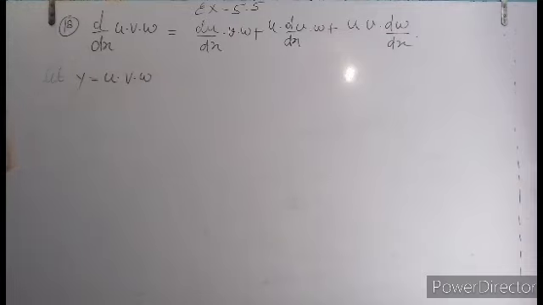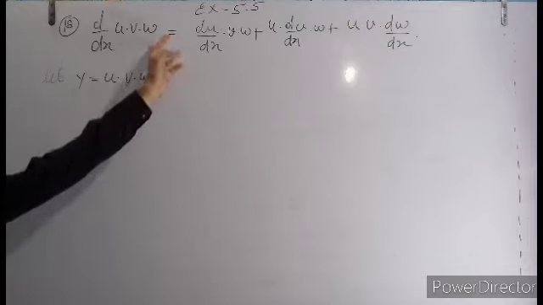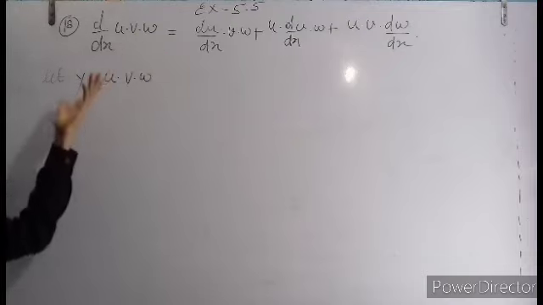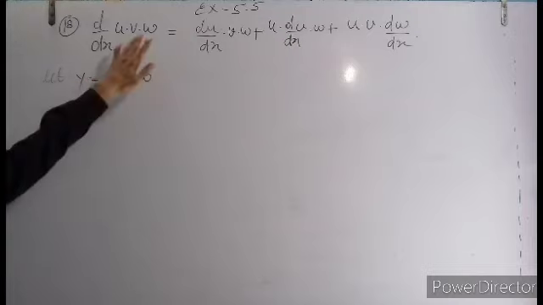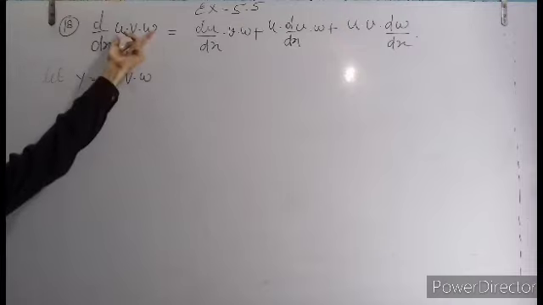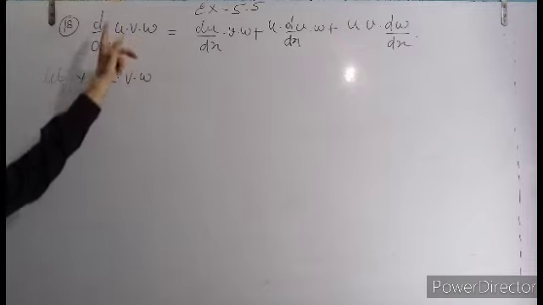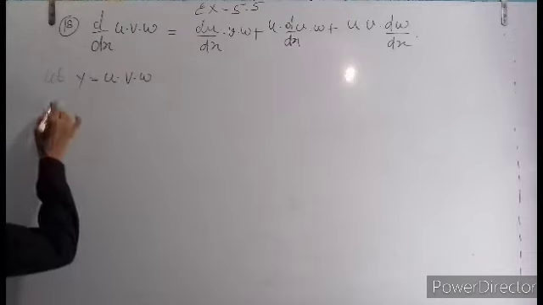So we have to find the derivative of this one. You can say dy by dx, because in place of this one is y, then dy by dx will come.